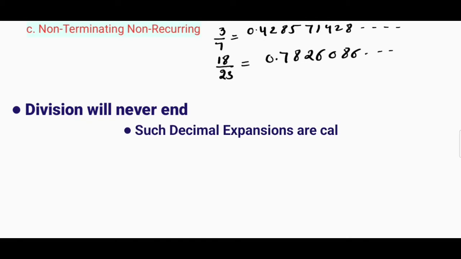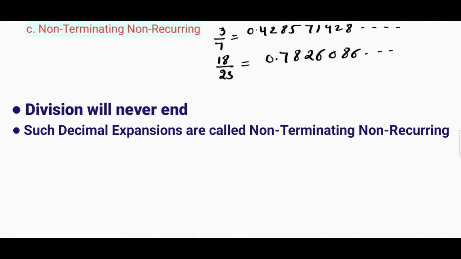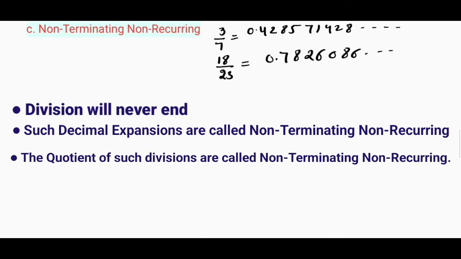Such decimal expansions are known as non-terminating, non-recurring, because here we do not have any repeating digit or set of digits. And the quotient of such divisions are called non-terminating, non-recurring decimals.